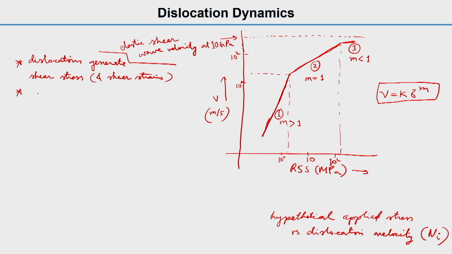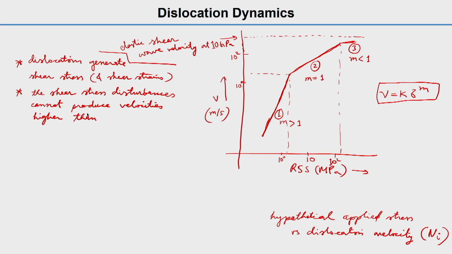If you consider the shear stress as a disturbance, that means we are talking about wave propagation, so it cannot produce velocities higher than the V elastic shear.